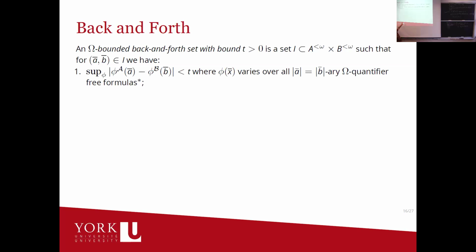To be fair, if you press me for it, I is really a subset of the union over n less than omega of A to the n cross B to the n. So I only have tuples of the same length.